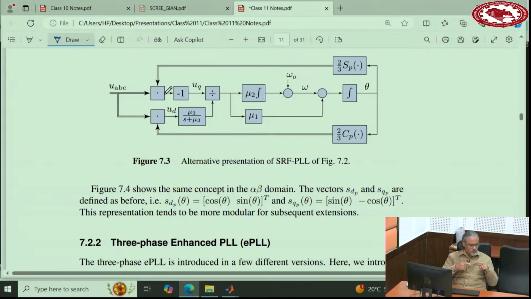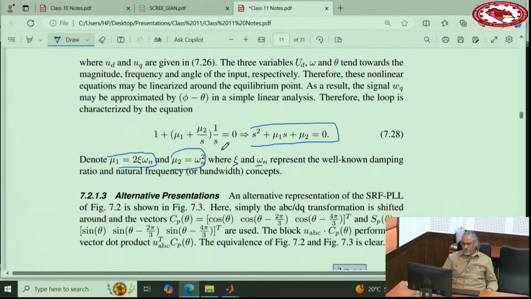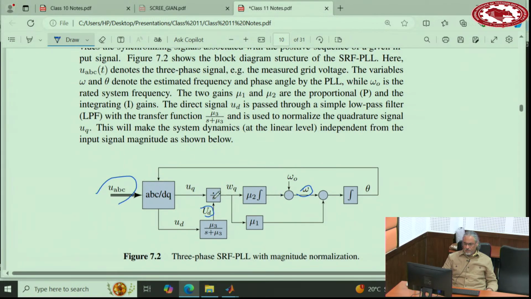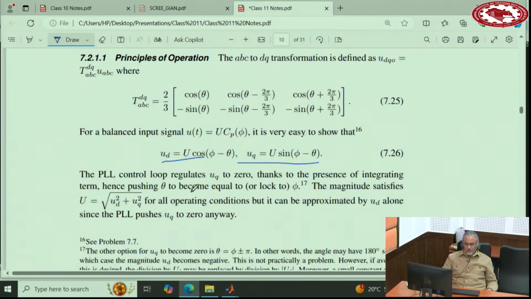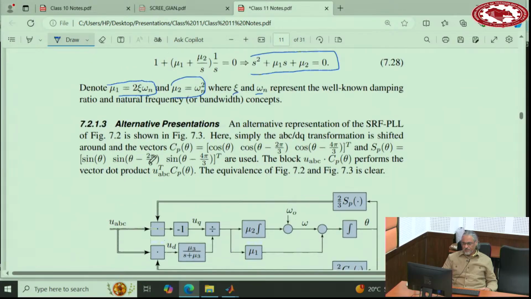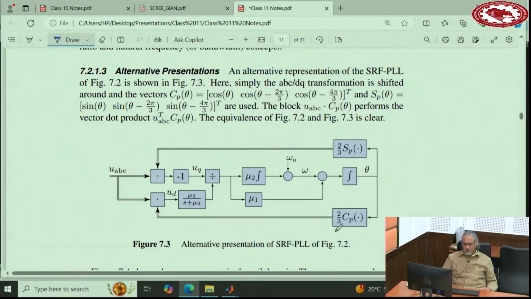Dot product means transpose of one vector times the other vector. So you multiply them together. So it's completely straightforward to see that this diagram is exactly identical to this diagram, because this ABC to DQ transformation actually has 2 rows. So one of the rows comes here, one of the rows comes here.